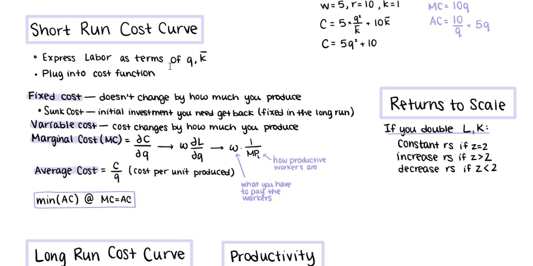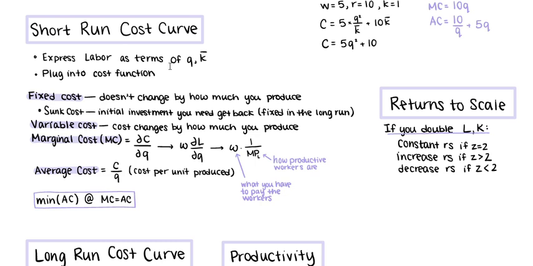Even if you pay for it and it's gone, even if in the long run you can't take back those costs, it's called sunk cost. We also have variable cost, which is labor. The cost changes by how much you produce.